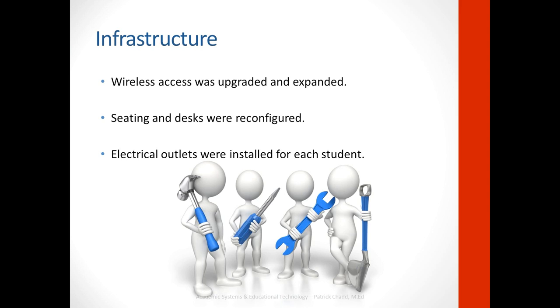And because we wanted to make sure that there would be no issues with power, we installed electrical outlets all along the floor and in the desks for every student who would be taking the exam. So there's one outlet for every student in the testing environment. And the wireless, basically, we upgraded a couple of nodes, and that was all we had to do in terms of our infrastructure.